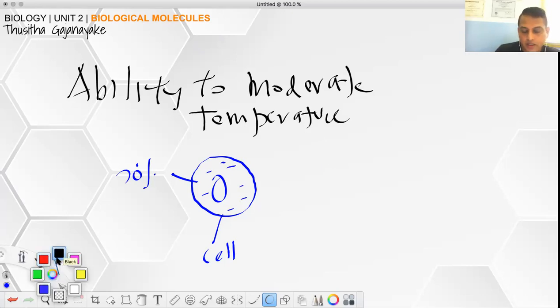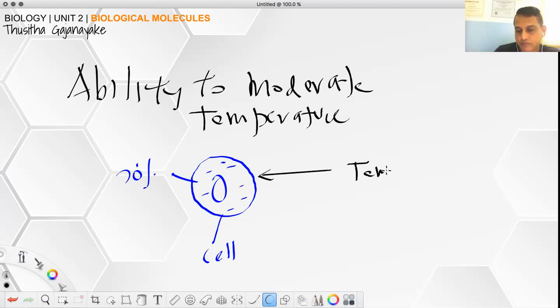Now the cell is exposed to temperature, let's say high temperature, then the heat is transferred to these objects. This solid matter, heat is absorbed by the solid matter. When the heat is absorbed, the temperature should increase because heat can increase the temperature.